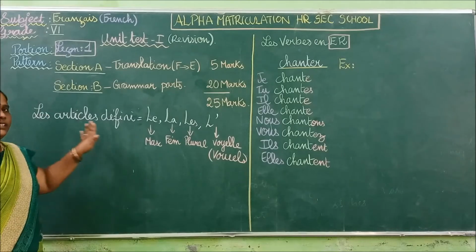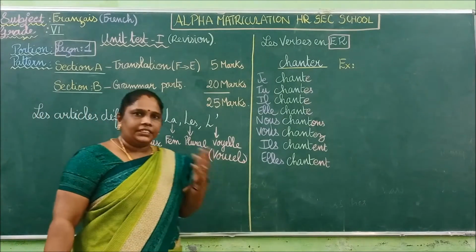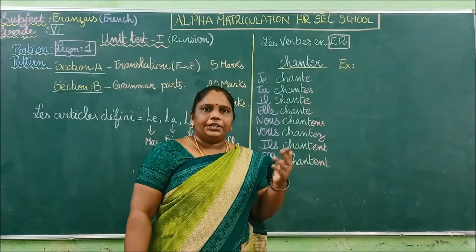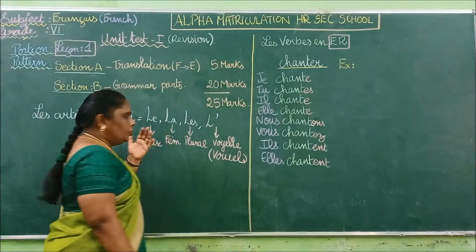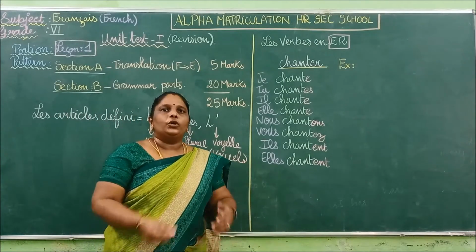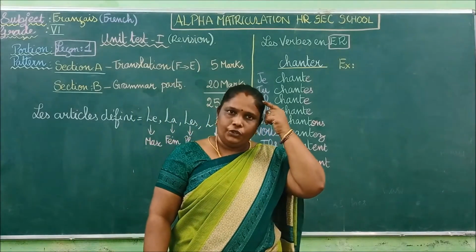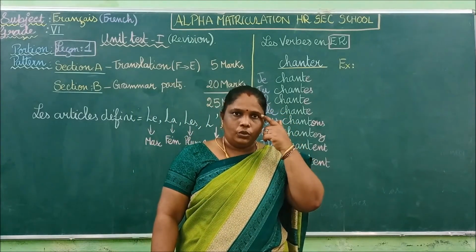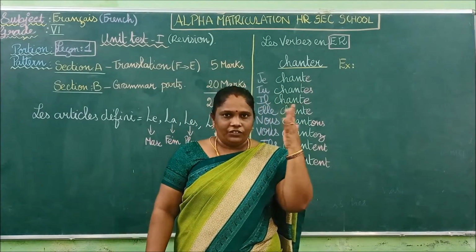We saw article défini. It determines what this part is. So le pied, foot, le coude, elbow. We have les cheveux, les yeux, la main, les doigts, the fingers.